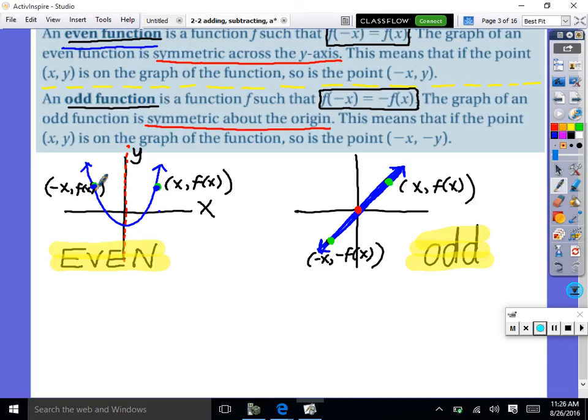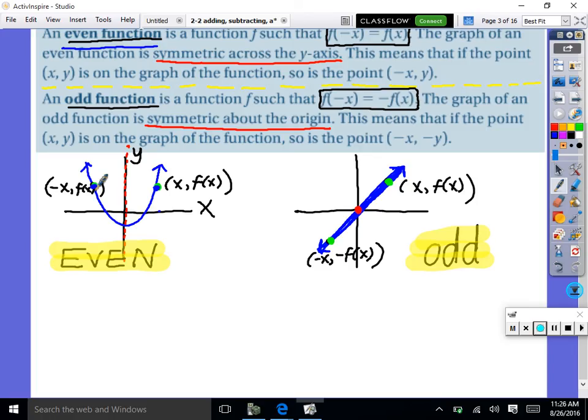You'll simply plug in negative x wherever there's an x, and if you simplify it and it comes out to be the same thing that you started with, that same f of x, you know for sure it's even. Does that make sense? We'll practice that in just a second. So that's what an even function is. It's symmetric across the y-axis, and if we plug in negative x into our function and we get f of x again, then it's also even algebraically.